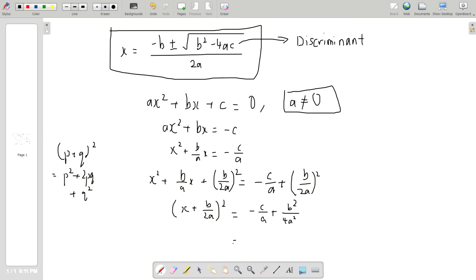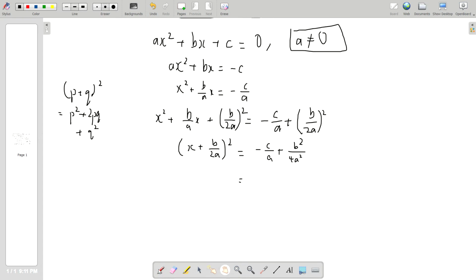Then we can combine these two fractions to get negative 4ac plus b squared over 4a squared. So far, this is just algebra. So we have a binomial to the power 2 on the left, and this fraction on the right.